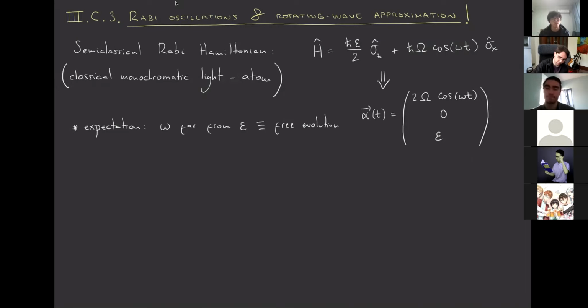On the other hand, we will make one assumption, but that, as I said, we will show in the next chapter is very natural, which is that this capital omega, this coupling between the light and the atom, is actually much smaller than the frequency of light. The frequency of light is approximately 10 to the 15 hertz in optics.